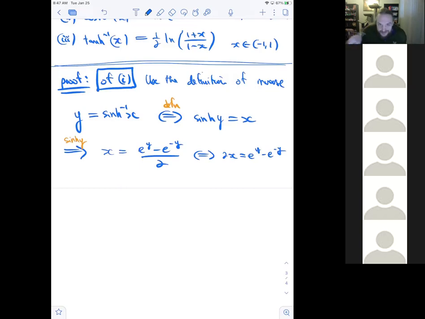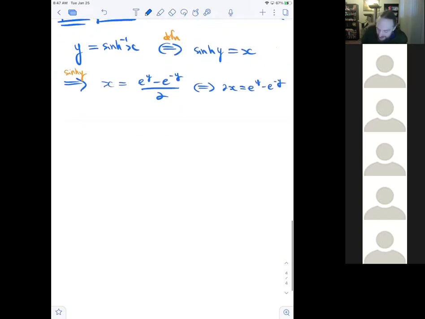What I now want to do is solve for a quadratic in e to the y. So if I bring this all to one side, we're going to get e to the y minus e to the negative y minus 2x equals 0.